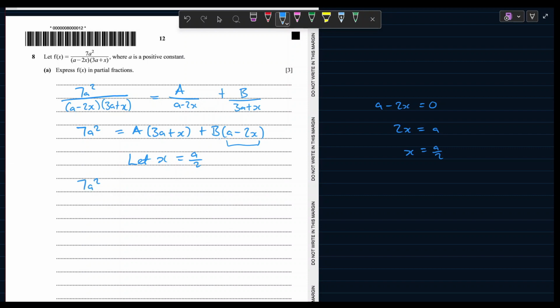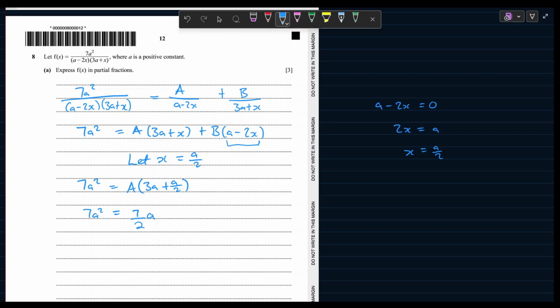So this becomes 7a squared is equal to A times 3a plus x, which is a over 2. So 7a squared is equal to, we've got 3 plus 1 over 2, that gives us 7 over 2 a. Be careful with the a's here.